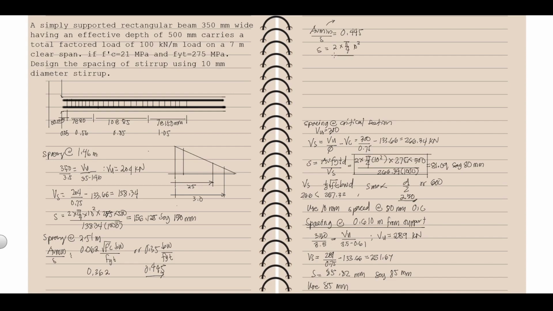Tama? All over 0.445. So what is our S here? So we'll have 352.99. Okay, let's say 350 mm is our minimum spacing.